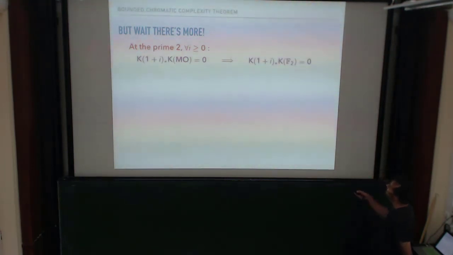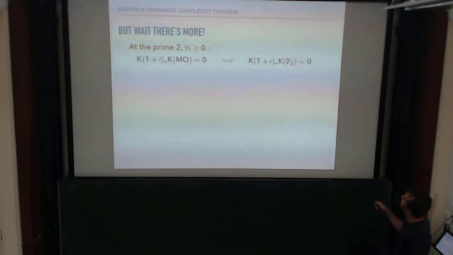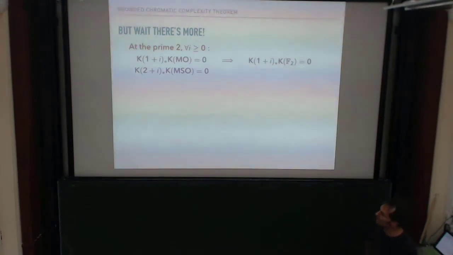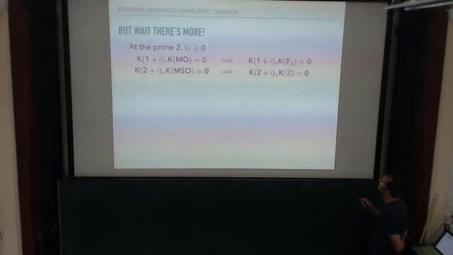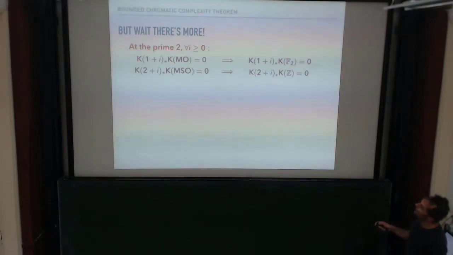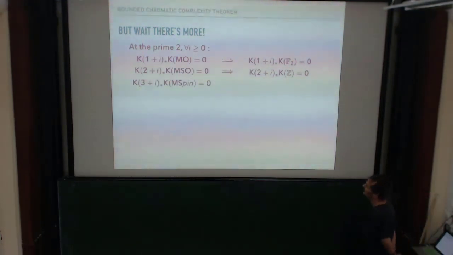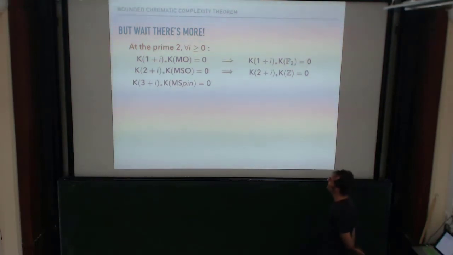Of course, our argument does in fact show this one, which is due to Quillen. If I do oriented manifolds, then K(2+i)_* of this thing vanishes. So this again gives me a result of Quillen's type, but only at the prime 2. Spin manifolds: we get K(3+i) of this guy is 0.